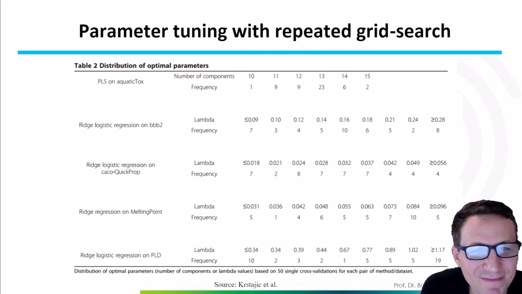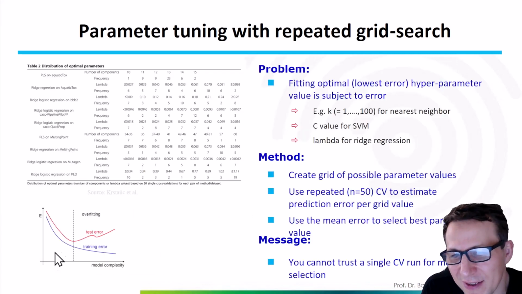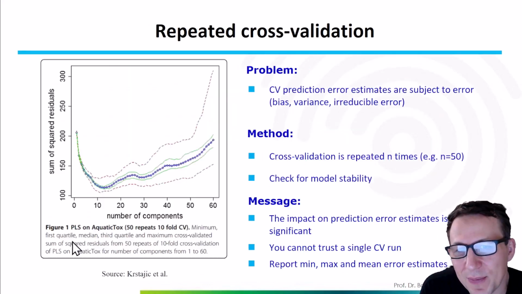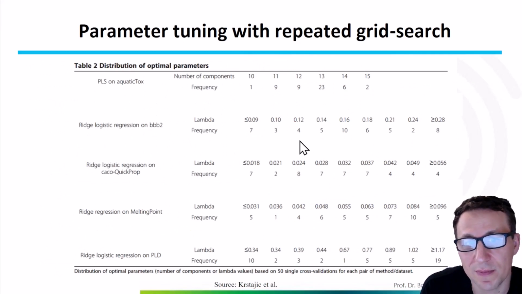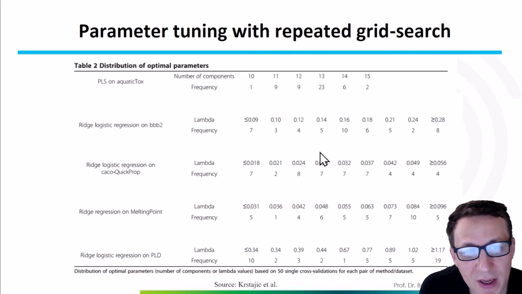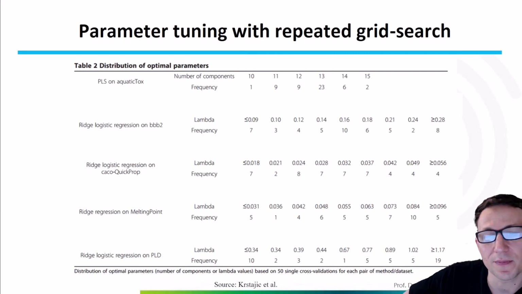So you see, there's a lot of variance in that. If you really want to fit these parameters to identify where this minimum is on this axis, then it's not enough to do one cross-validation run, because you could end up with this value or this value or this value if you only do it once. There's too much randomness involved.